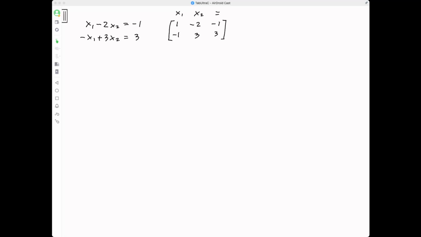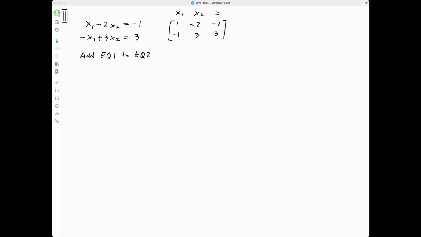So if we're solving our system of equations, we're going to use the elimination method that you learned in college algebra. So I'm going to add equation 1 to equation 2.